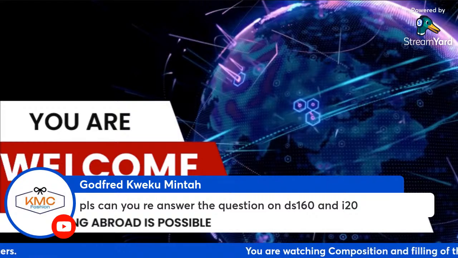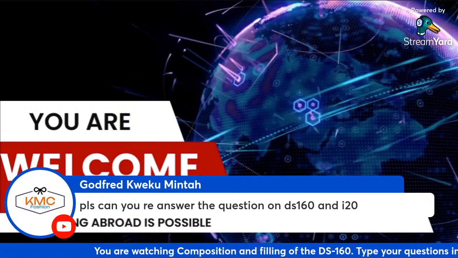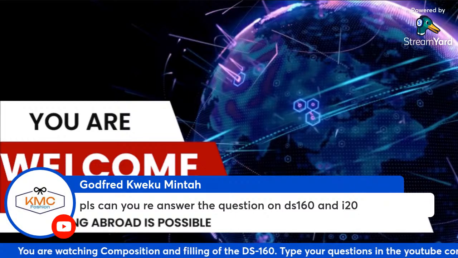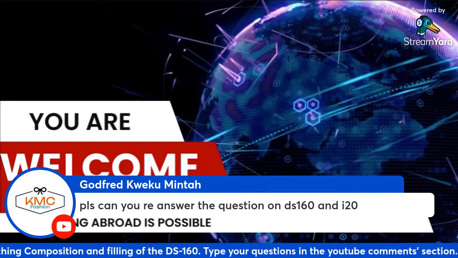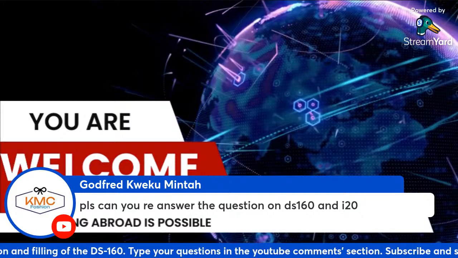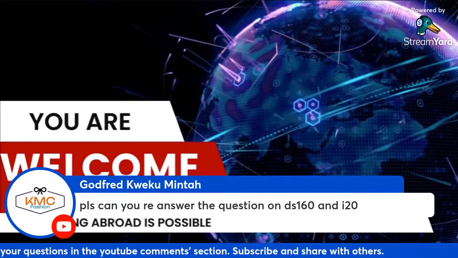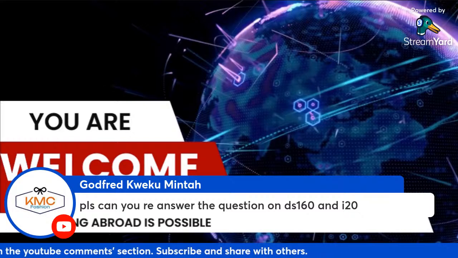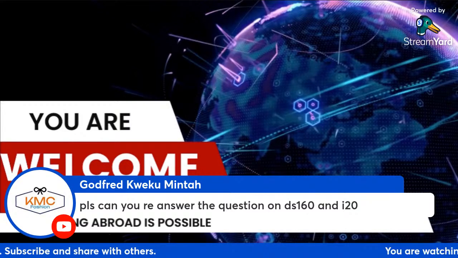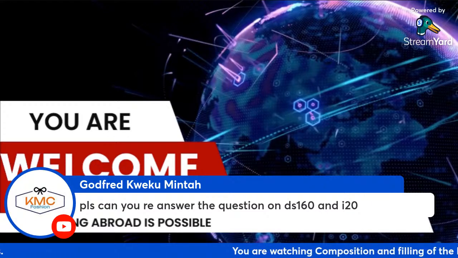But most of the time these days, they give it to you through mail. So you just print it and use the information on it to fill everything on the DS-160. The DS-160 is filled by you, but the I-20 is filled by the school and given to you.